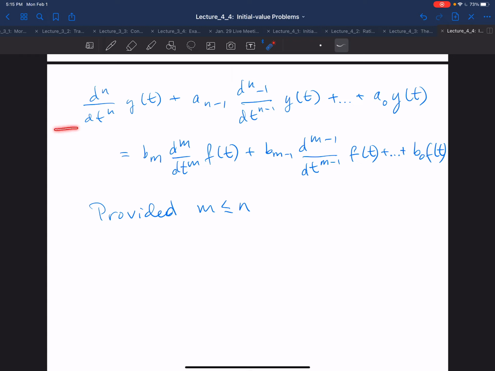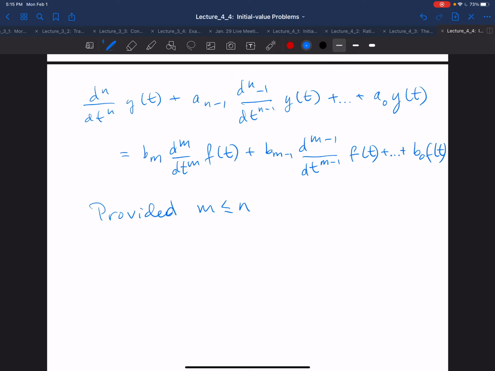So if the leading coefficient is the identity matrix, and y and f are vector valued and the coefficients are matrices, then our techniques extend to this case. In other words, you can also use this approach to solve coupled systems of linear ODEs, and that's another big advantage over the classical approach.